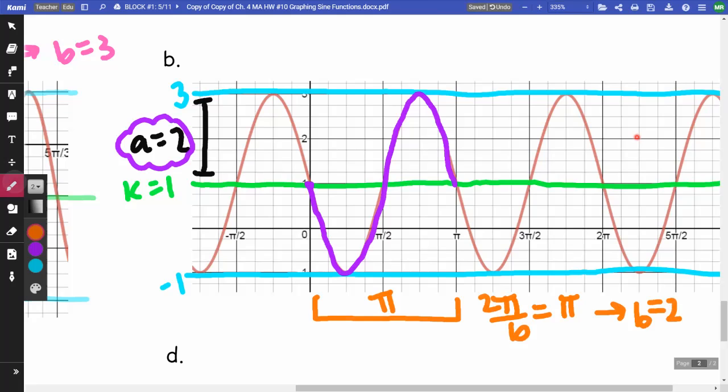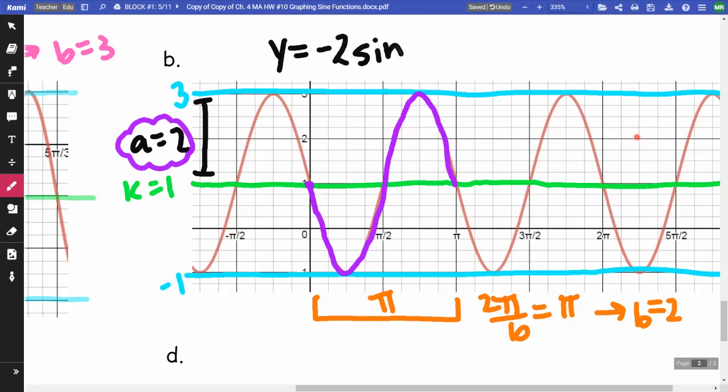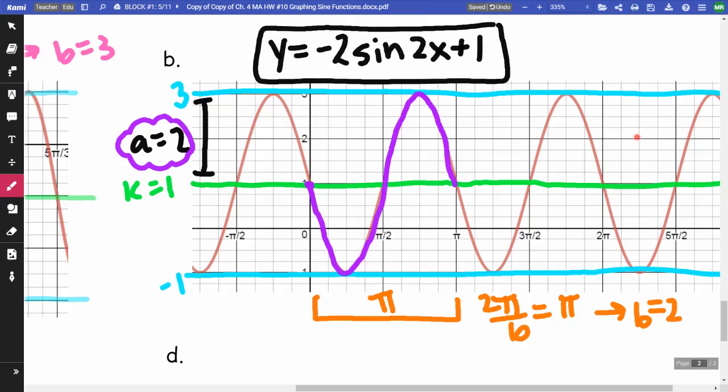So my equation is going to be y is equal to, again, I'm doing the purple one, which is going down first, so it's going to be a negative 2 sine. My b is 2. I am not shifting it left or right, so this is going to be x. And then plus 1. And that's going to be my equation.